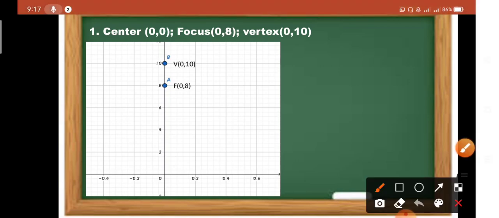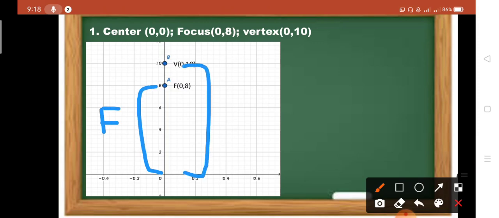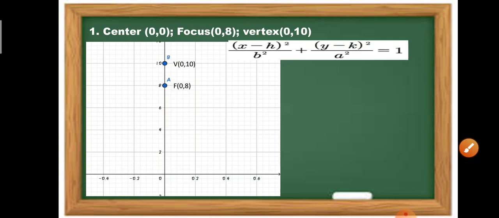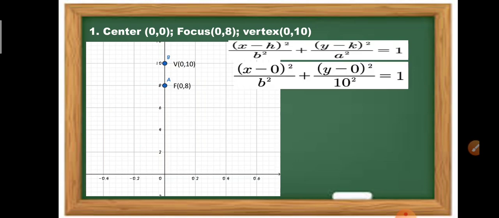The focus is at (0, 8). This is our focus and our vertex is (0, 10). The equation of the ellipse is the quantity of x minus h squared over b squared plus the quantity of y minus k squared over a squared equals 1.